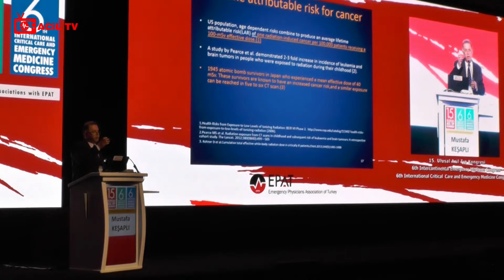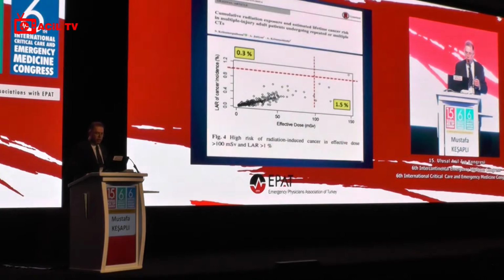For example, in 1945, after the Second World War, those who survived in Japan received approximately 50 or 60 millisievert. So if you get 5 or 6 abdominal CTs in your life, your radiation exposure equals that of surviving the Second World War.